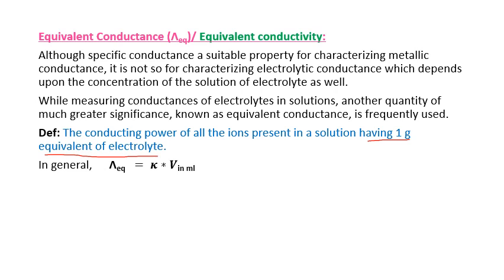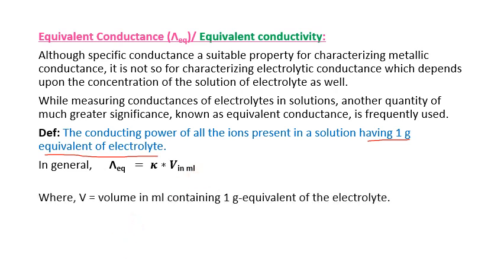So equivalent conductance, or equivalent conductivity, is equal to the specific conductance or conductivity into volume, where V is the volume in ml containing 1 gram equivalent of the electrolyte. The units are very important.